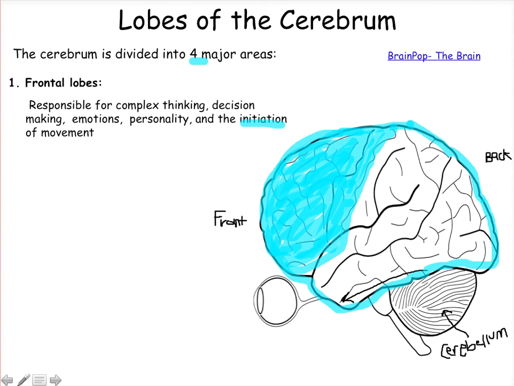Okay, the next part of the brain is this one here. You can shade in with me. Okay, these are the parietal lobes.